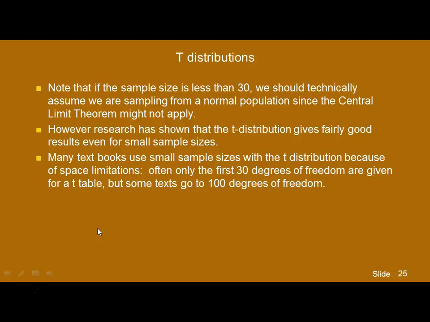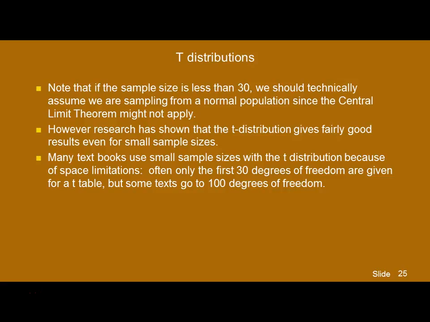A couple other notes about the t-distribution. If the sample size is less than 30, remember technically we should assume we're sampling from a normal population, because the central limit theorem might not apply. However, a lot of research has been done that found that the t-distribution still gives us pretty good results for small sample sizes, even if that restriction is not satisfied.